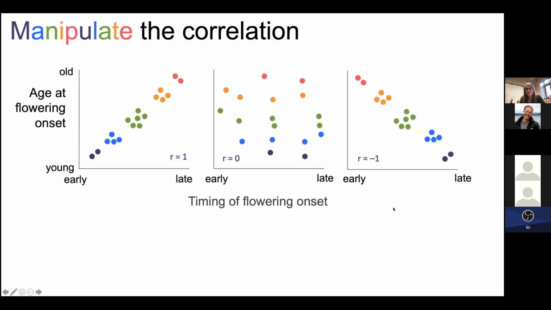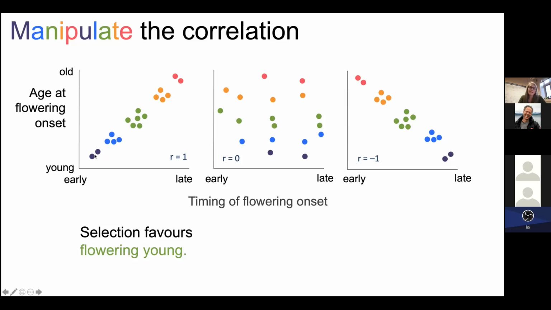Once I had these gardens established, I could make some predictions about what I would expect selection on flowering onset to look like if the prediction that declining fruit set is shaping male mating opportunities held true. So in the treatment over here, if there was some advantage to flowering early in a population, I would expect that selection favors flowering young because the plants that flower earliest are the plants that flower youngest.